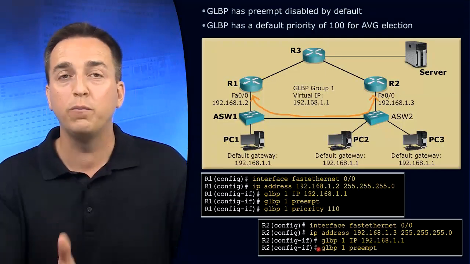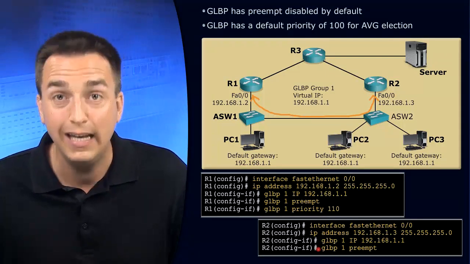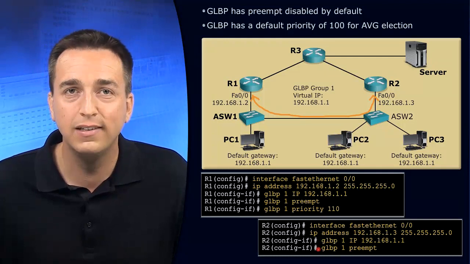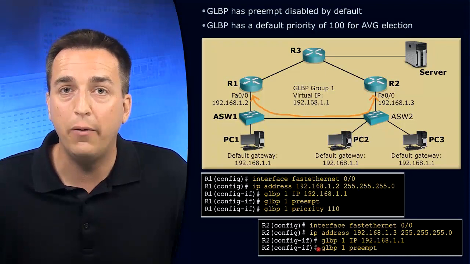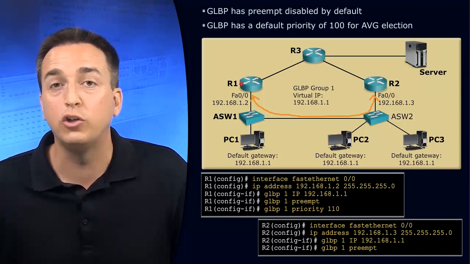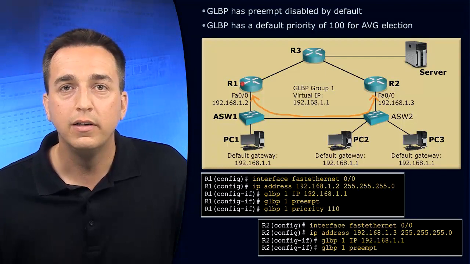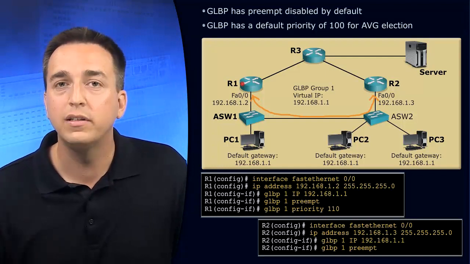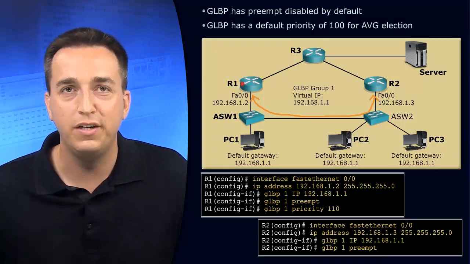So the default priority is 100, therefore R2's priority is 100, making R1, in this case, the AVG, the Active Virtual Gateway. So now that R1's the Active Virtual Gateway, it will hand out the MAC addresses to the AVFs. It will also hand out the MAC addresses to the different PCs.